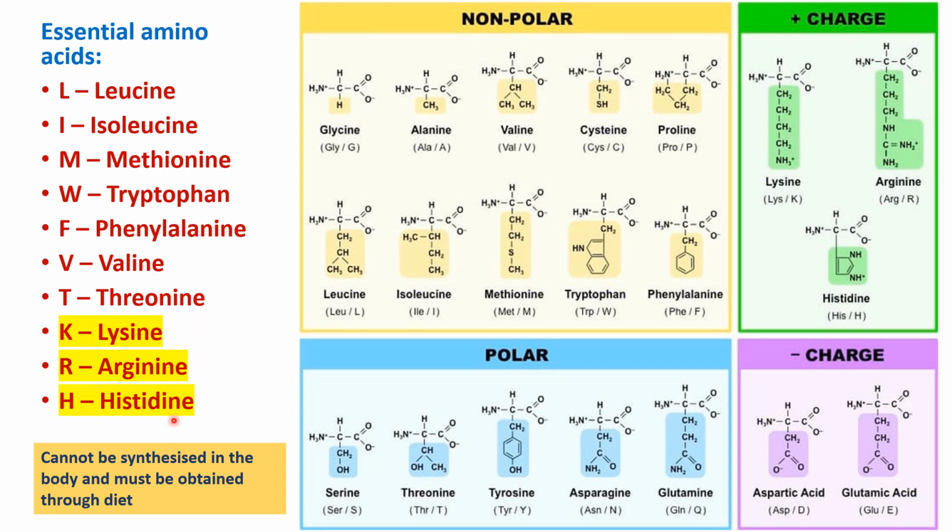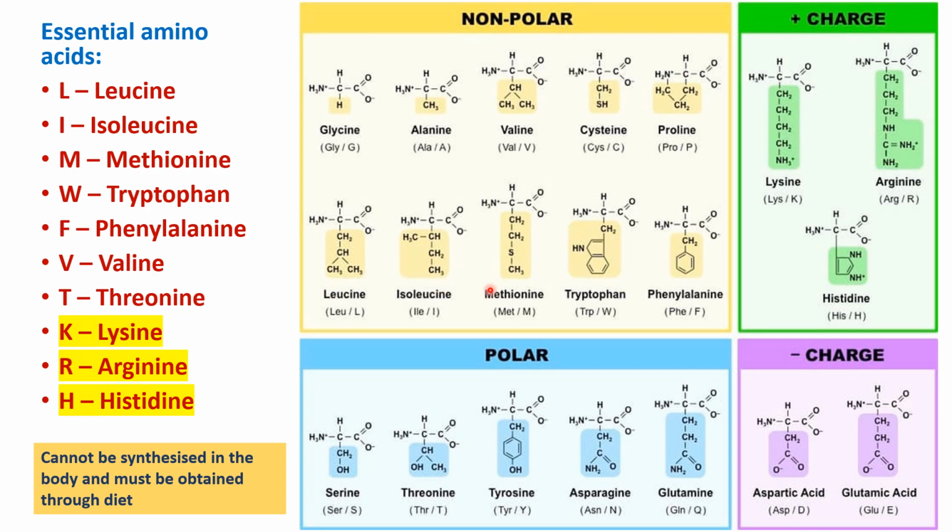So lysine, arginine, and histidine are basic amino acids. Threonine is a polar amino acid, and all the other amino acids are neutral amino acids. And remembering the names is also easy because leucine, isoleucine, methionine, tryptophan, phenylalanine. So in this box, you can screenshot this page and keep it to memorize this particular set of essential amino acids.